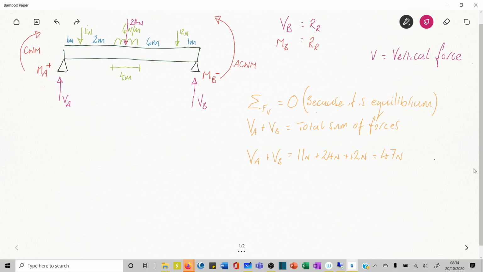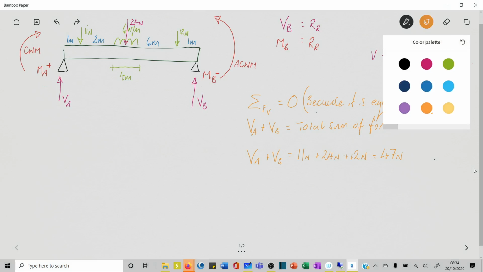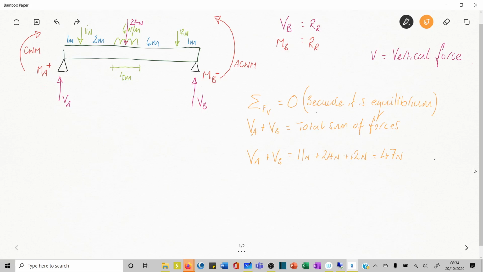Okay, moving on, let's get our colour back. Now this is where it changes a little bit more. We've got the total sum of moments around A, so we're looking at the left hand side, the reactions on the left.